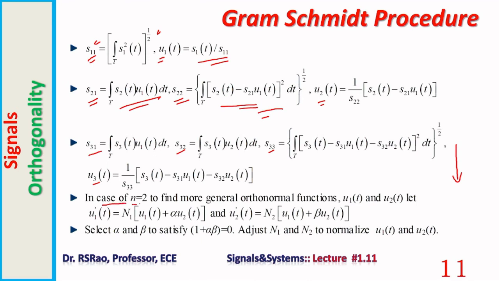In case of n equal to 2, to find more general orthonormal functions, u1 and u2, let u1 prime is n1 u1 of t plus alpha u2 of t, and u2 prime is n2 u1 of t plus beta u2 of t. Select alpha and beta to satisfy 1 plus alpha beta is 0. Adjust n1 and n2 to normalize u1 and u2.